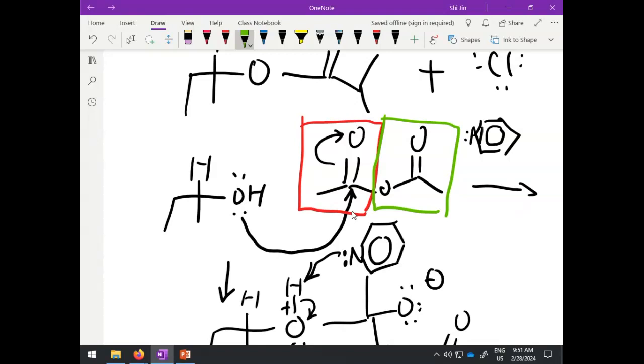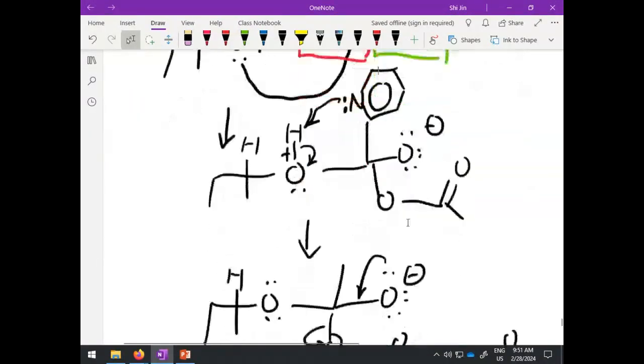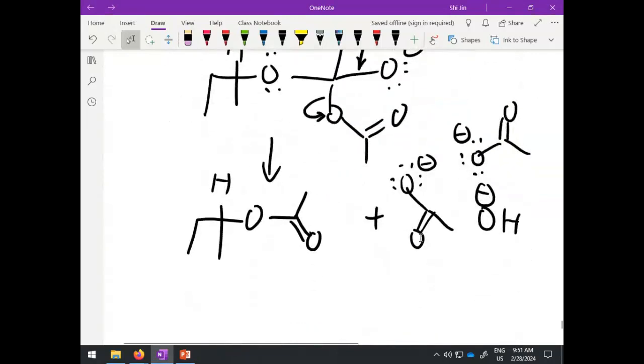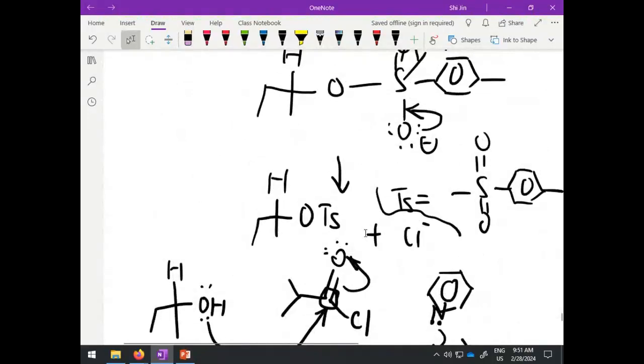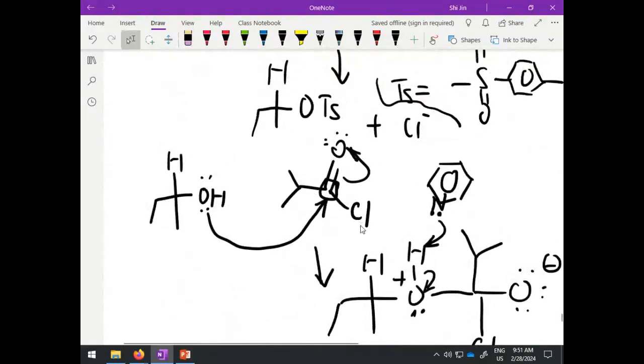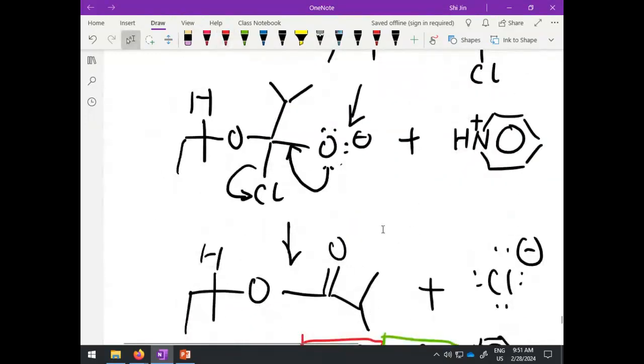Same thing here. You see the electrophilic side will be bound to the oxygen of the alcohol, and the green part comes off as another organic product. Same thing with the acyl chloride: when it serves as the electrophile, this entire electrophilic part will be bound to the oxygen, and the chloride ion will break off.